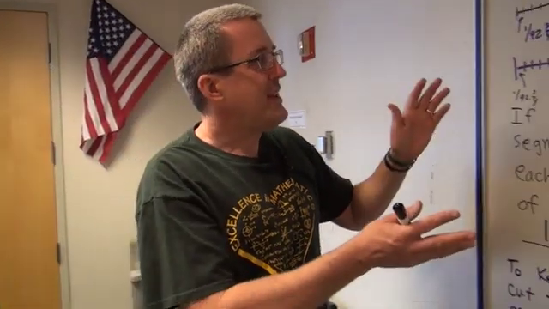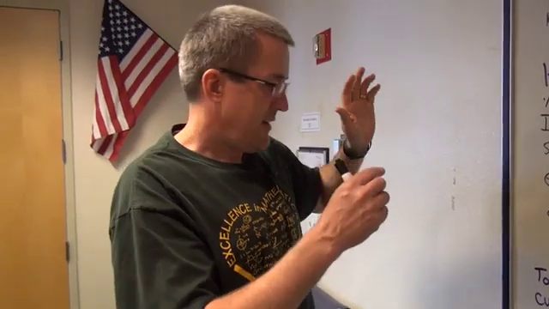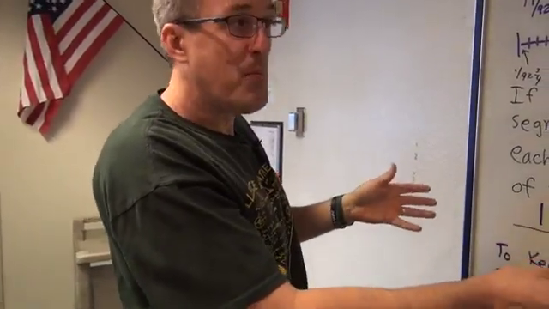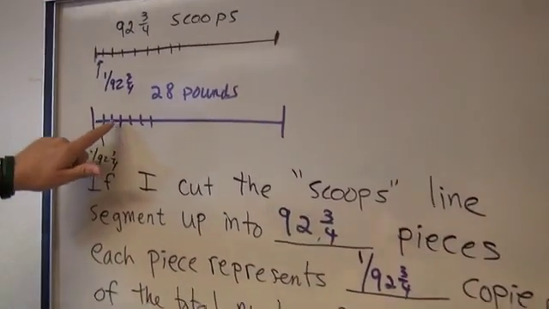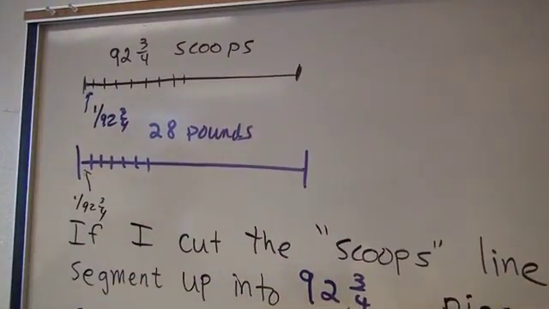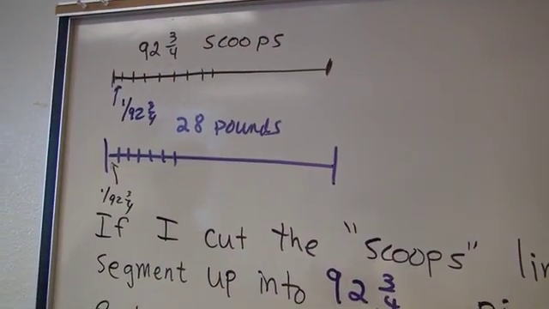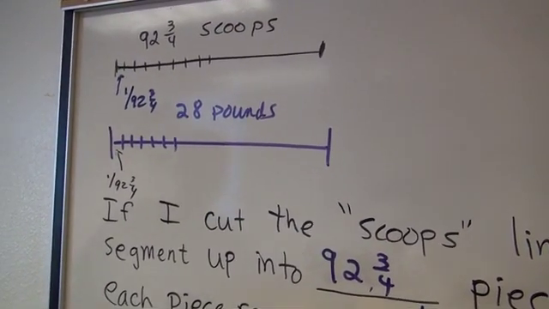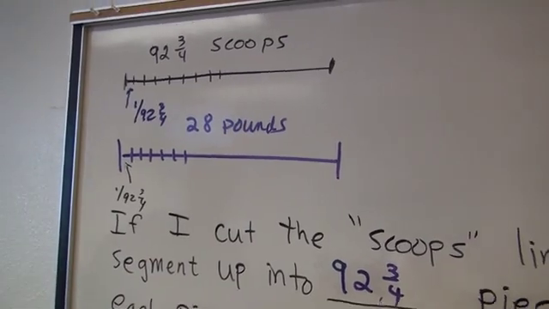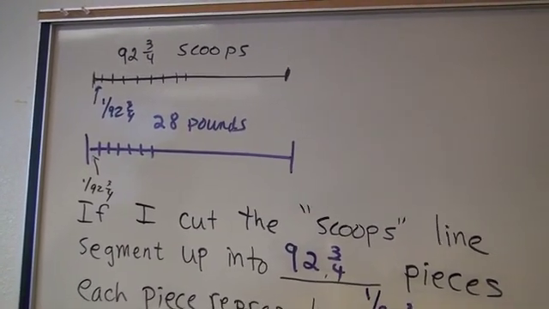So from our thinking here of cutting, and keeping the situation in proportion, each one of those individual sections represents 1/(92 3/4) of the 28 pounds, or we think about taking the 28 pounds and dividing it by the 92 3/4 individual sections.